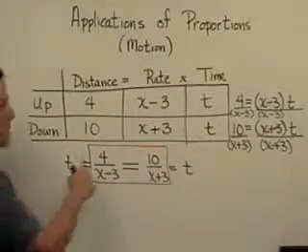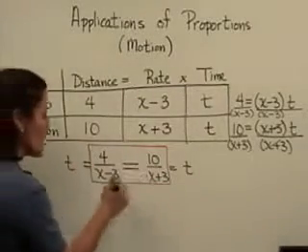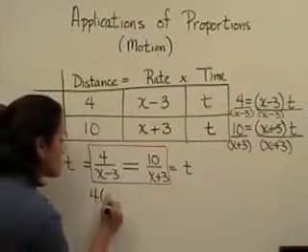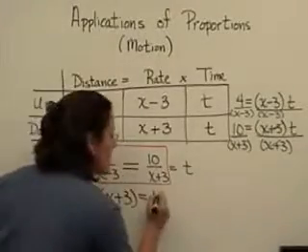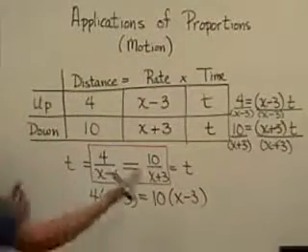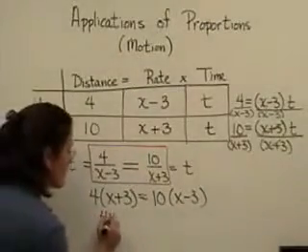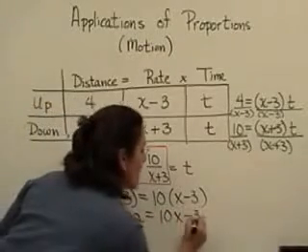And remember, a proportion can be solved by setting the cross products equal to one another. So this 4 times this x plus 3 must equal this 10 times this x minus 3. And it's a simple linear equation to solve. I'm going to go ahead and start it, but probably not finish it. Here I'll have 4x plus 12, and here I'll have 10x minus 30.